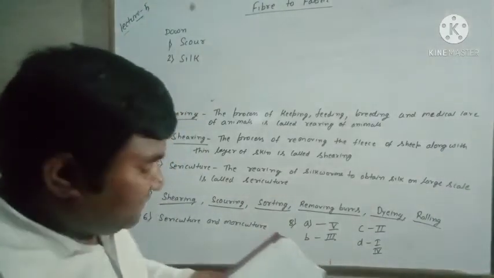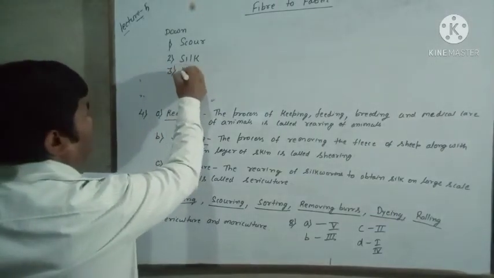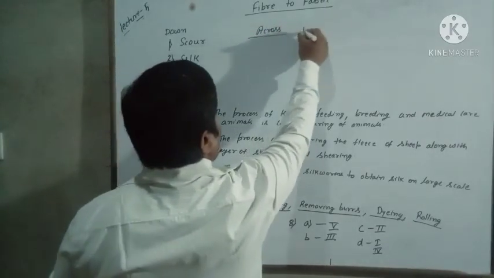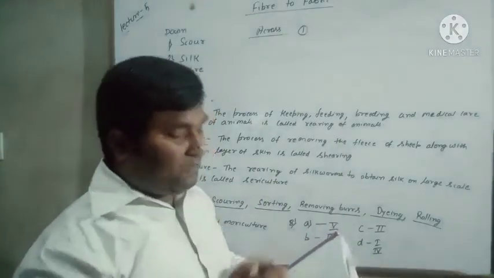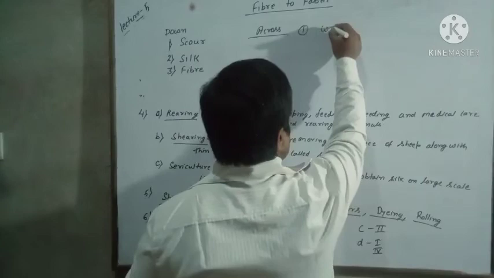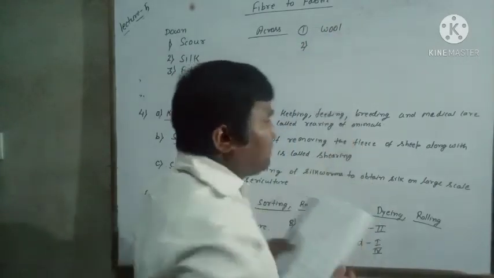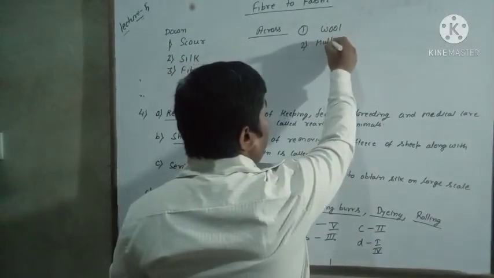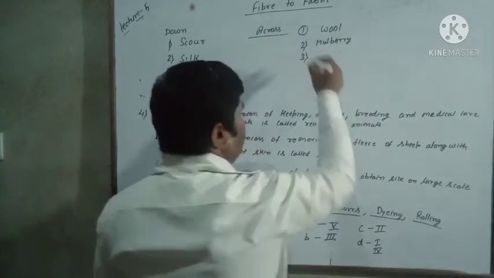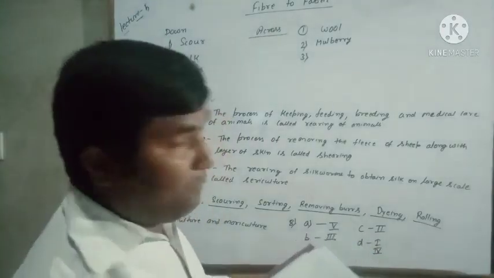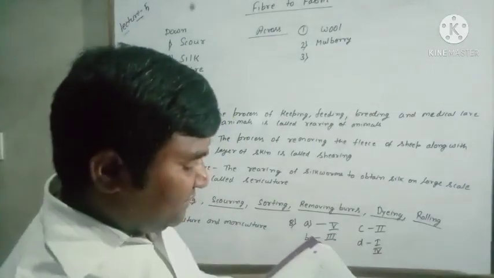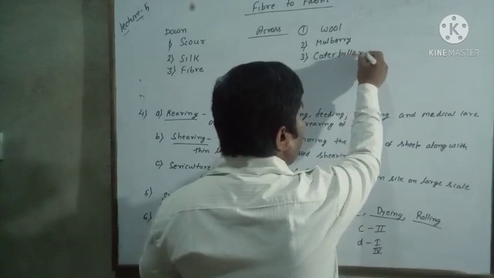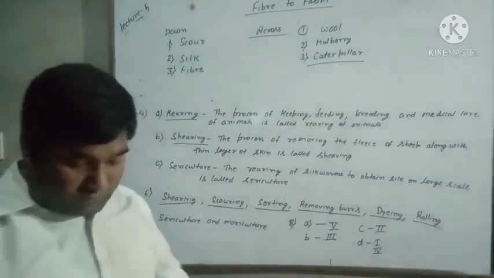Long thread-like structure, third, fiber. Across. First, it keeps warm. What keeps warm? Wool. Wool keeps us warm. Its leaves are eaten by silkworms: mulberry. And third one, hatches from the egg of the moth. I have told you silkworm, caterpillar. So since the answer is big, it will be caterpillar. Okay? So this was the exercise.